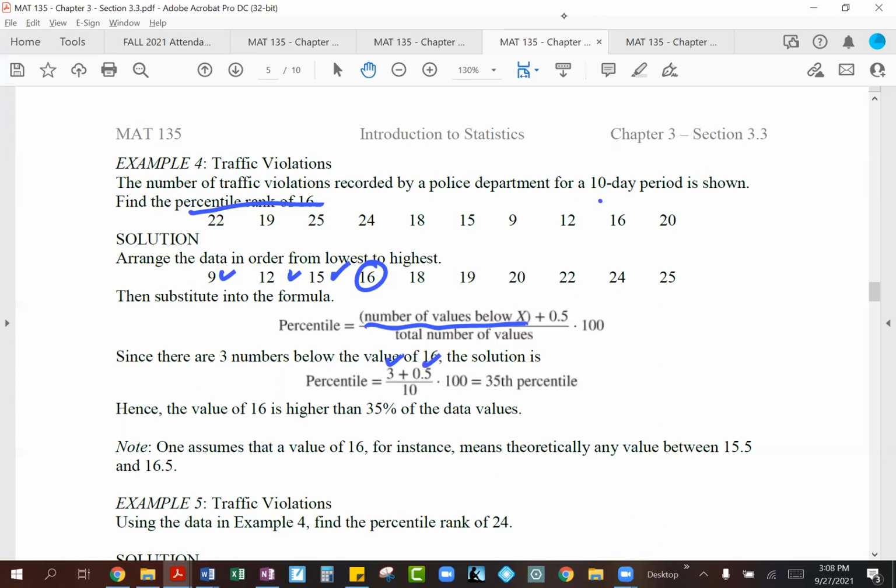There's a total of 10 data values over here. So divide by 10 and then multiply it by 100. So that falls into the 35th percentile. So we are saying the value of 16 is going to be higher than 35% of the data values, which means below 16 is 35% of your data values. So again, it's just giving you where exactly in your data set the 16 falls.